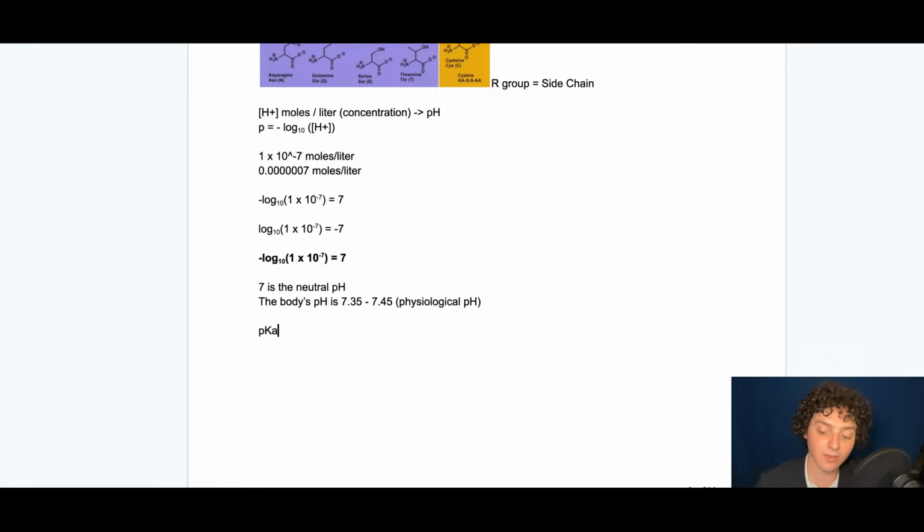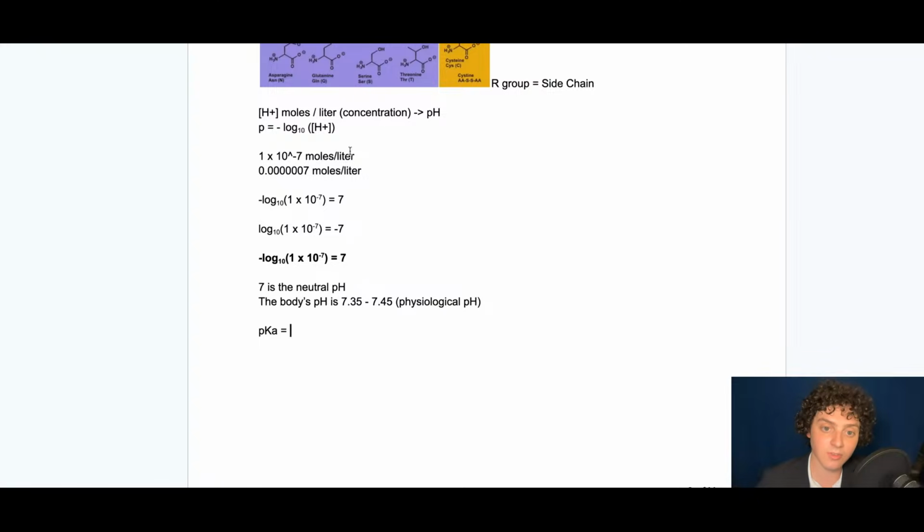A way to express the side of the reaction that your particular acid or base prefers, based on its chemical properties, is the Ka, or the rate constant of that reaction.